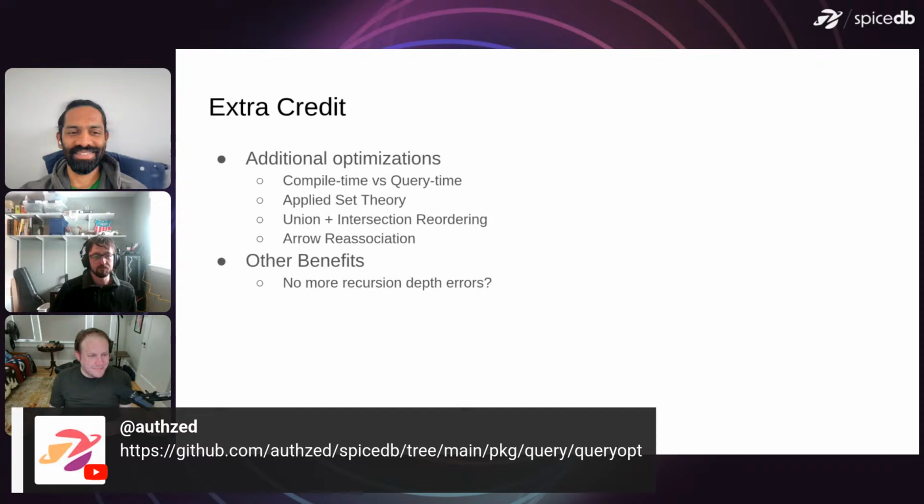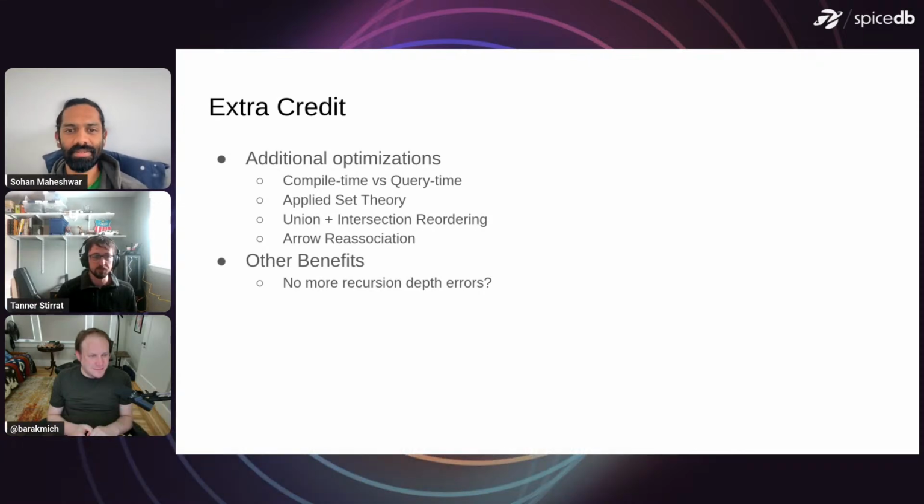So we have an entire optimizer that our co-founder Jimmy recently added that is just around applying set theory identities. So when you have a set and you do something to it and you just get that set back, then all of the other stuff that you're doing is work that you don't have to do, because you can identify that it's just this set.